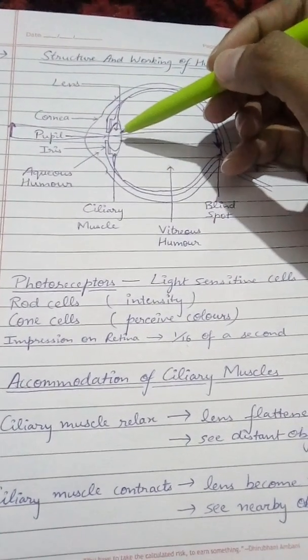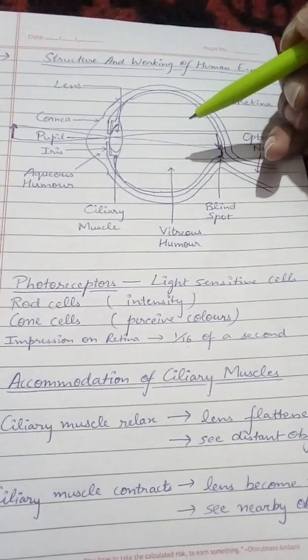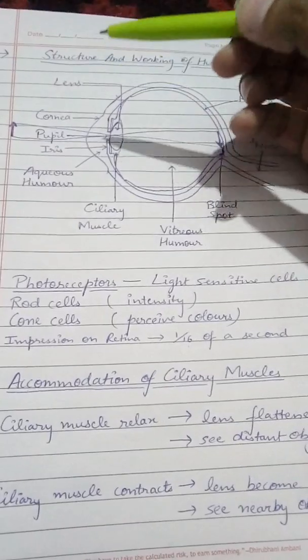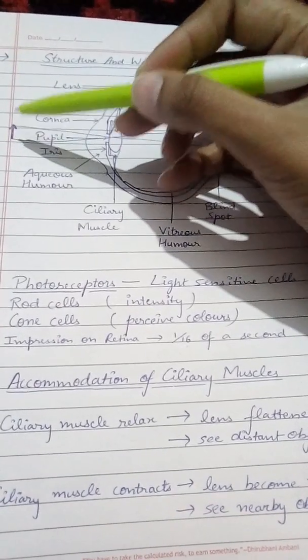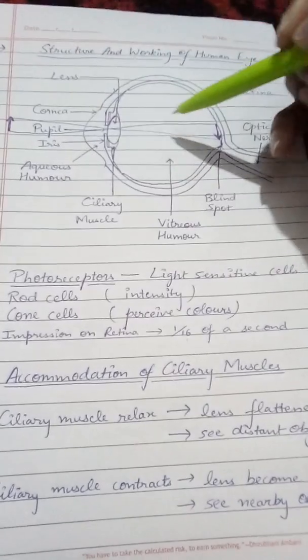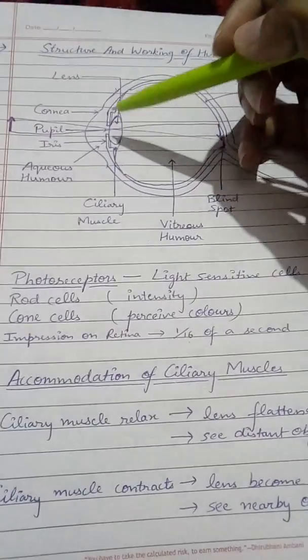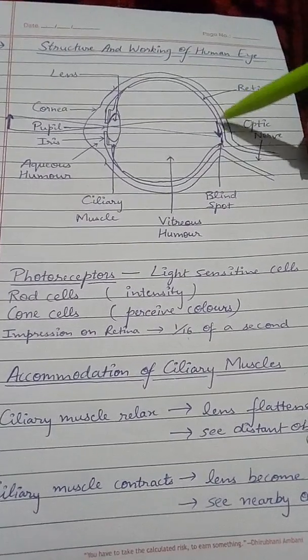This is the lens. Through the lens we can see the objects. When light is reflected from an object and enters the eye through this lens, an upside down image is formed on the retina.